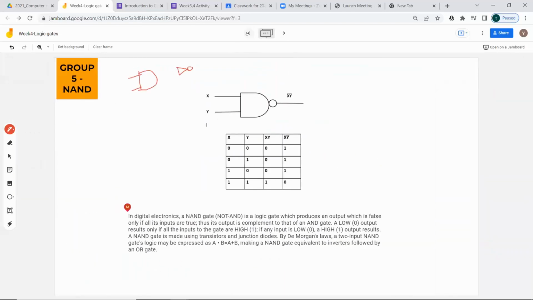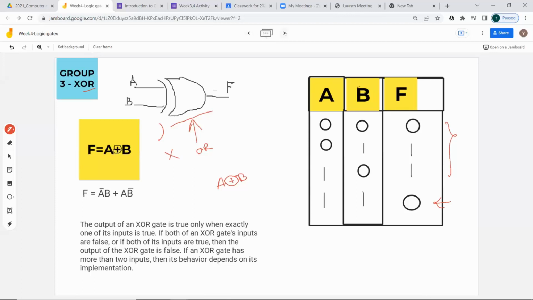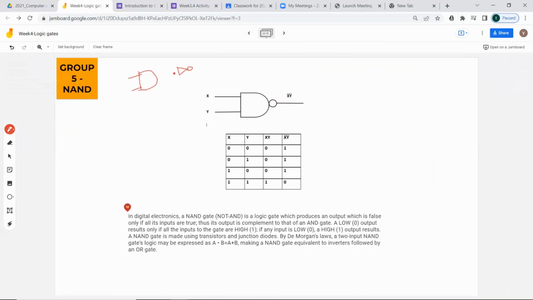Therefore, what we are going to do in NAND is NOT AND. So whatever truth table we use for the AND gate may be included in your truth table, or you may directly give the output considering both these gates.